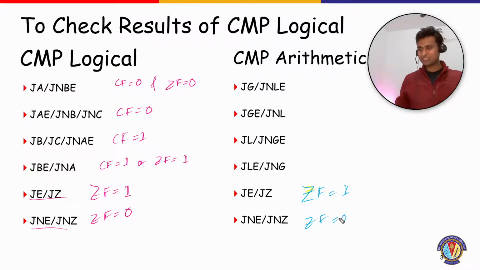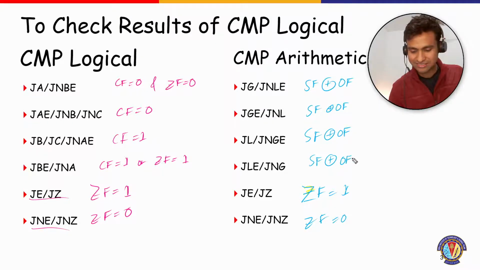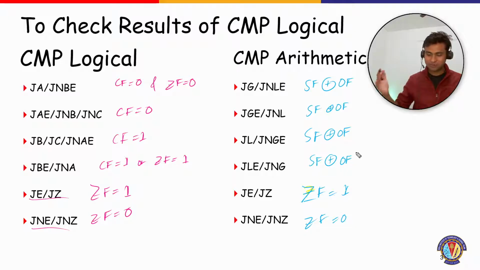But in arithmetic operations, it's not just the carry flag which is important. It's the XOR of the sign flag and the overflow flag. You just have to check this, and the microprocessor will do it for you. You just have to write this instruction in your ALP, and the microprocessor will do it.